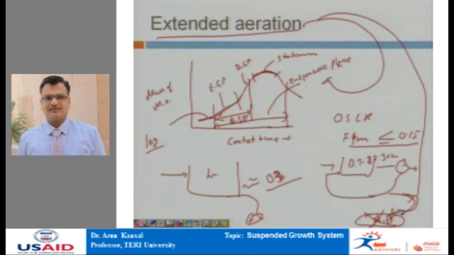So broadly speaking, in this process a long retention time and low F/M ratio capitalizes the microbial activity up to their endogenous growth phase. The biological mass which is synthesized at a declining growth phase is oxidized by the microorganisms themselves.